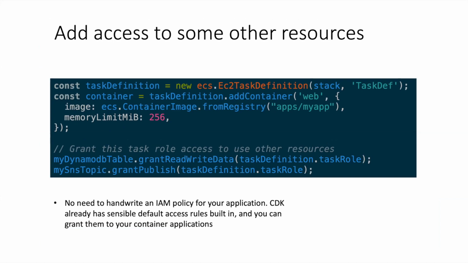So let's say you have a DynamoDB table, or you have an SNS topic, or you have some other AWS resource on your account that you want your code to be able to utilize. Well, if you're familiar with AWS, you know that everything has IAM rules that are required in order to authorize one thing to be able to utilize another thing on your AWS account. And this becomes a little bit tricky to configure.